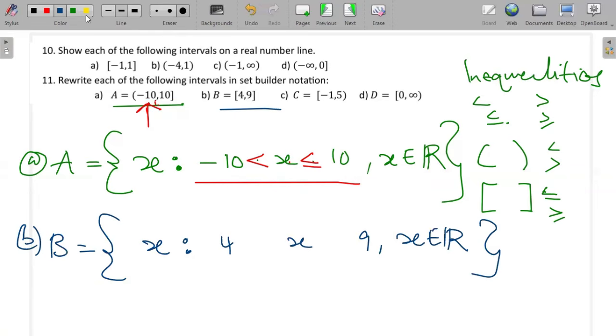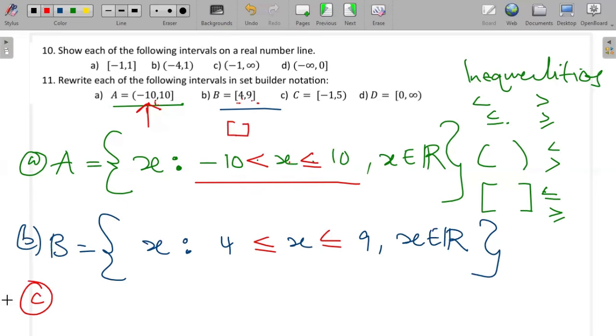Now when you look at these brackets, here I'll put that symbol, and even there, that symbol. This simply means x is greater than or equal to 4, but x is less than or equal to 9. So it's between 4 and what? 9. And we're putting greater than or equal to, less than or equal to, because we have square brackets.